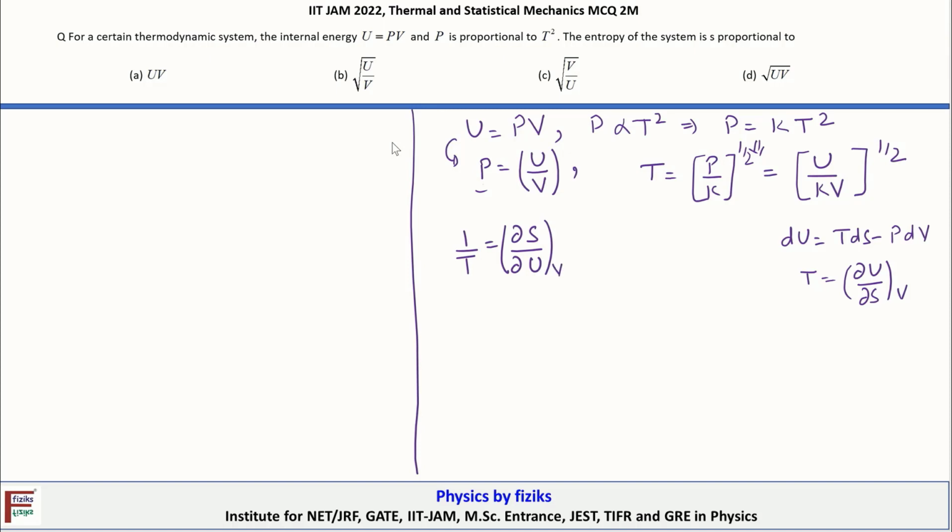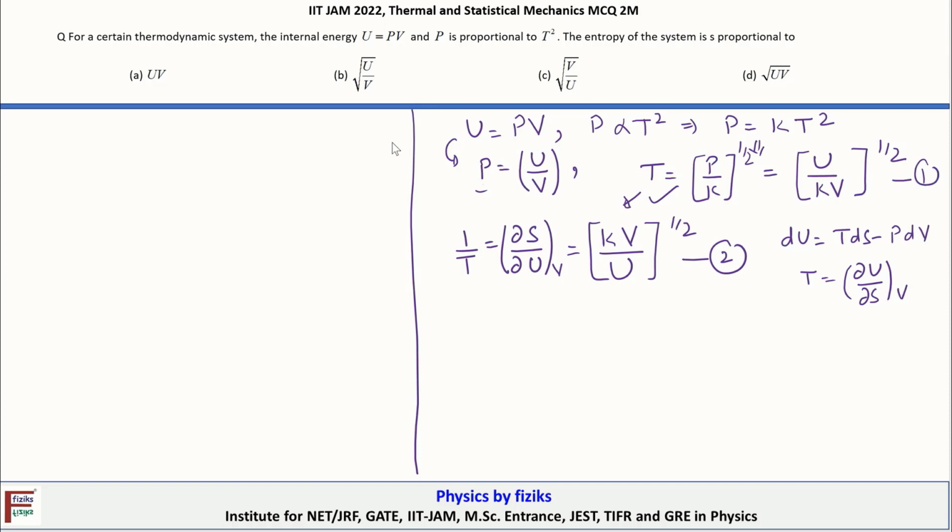Because T is available with us, 1 by T will be the reciprocal of this, which is equal to K V upon U, to the power 1 by 2. So we made use of this result. Let's call this relationship equation 2, and let's call these results equation 1.